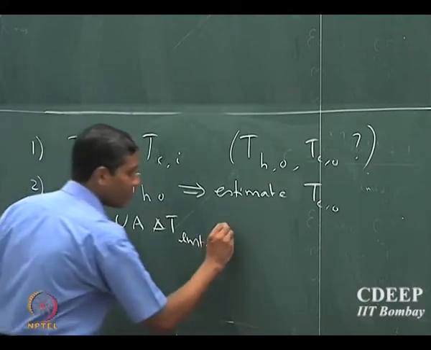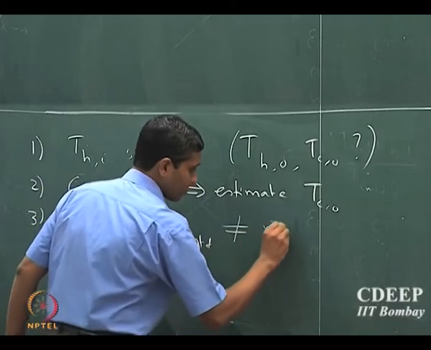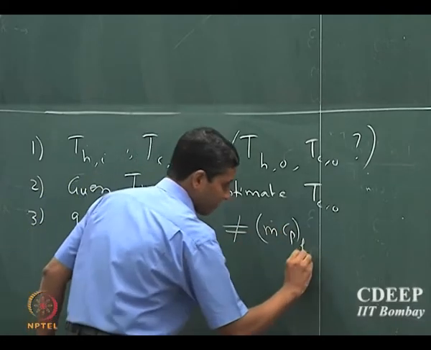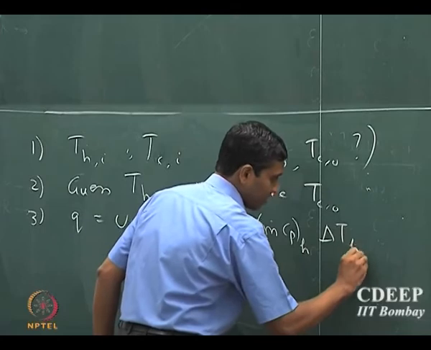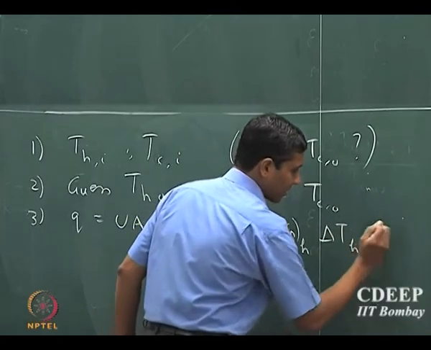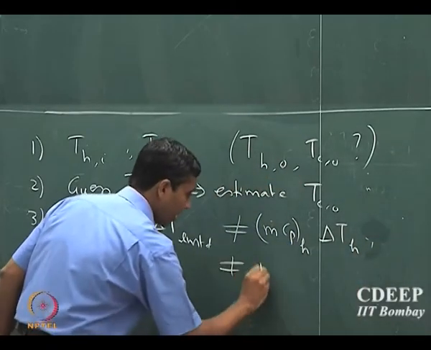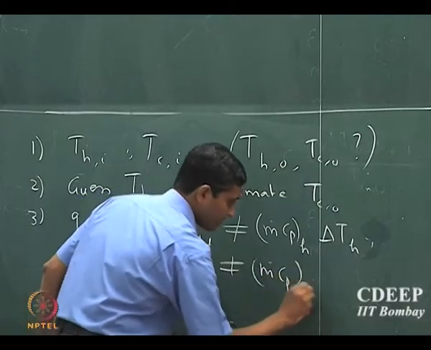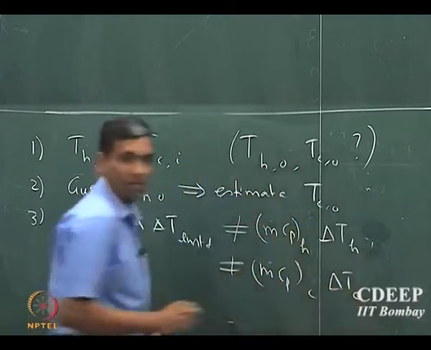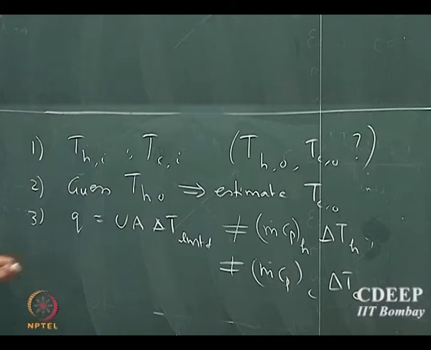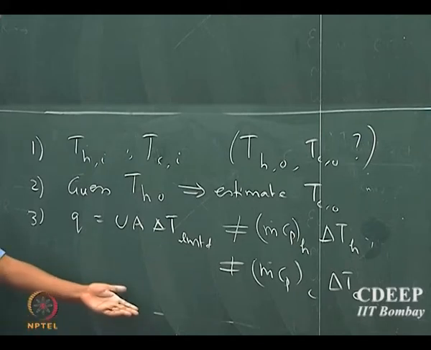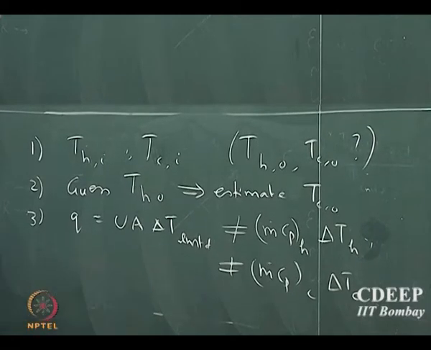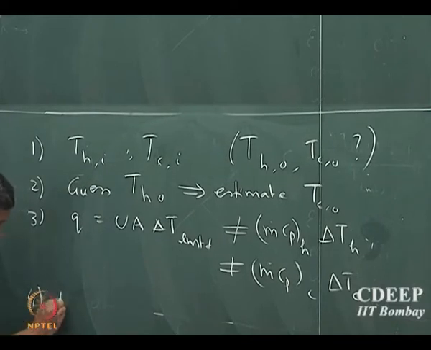This is not going to be equal to, and that's not going to be equal to m dot Cp cold, simply because the initial guess that you made is not right. I mean, we know that it's not right, it's a guess. So one could actually set up an iterative problem.